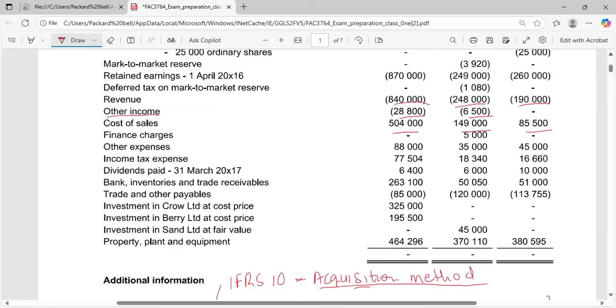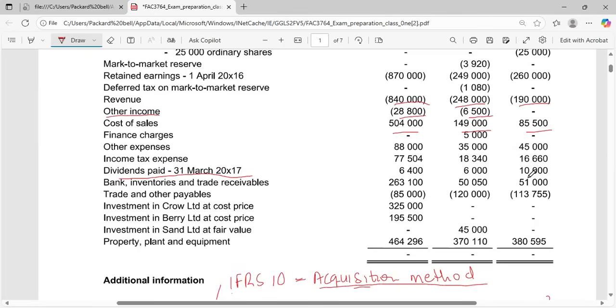Let's just check from our question. We have taken the intra-group management fees and the interest. What else normally goes to other incomes? When we receive dividends, they go to other incomes.